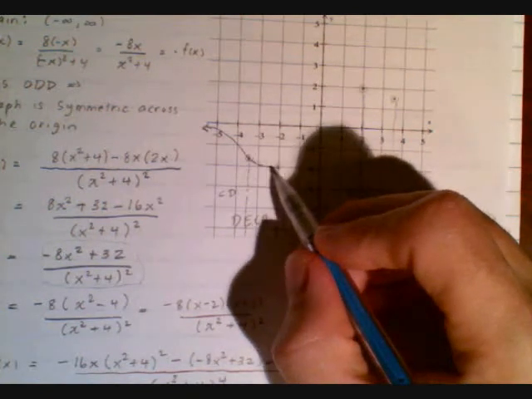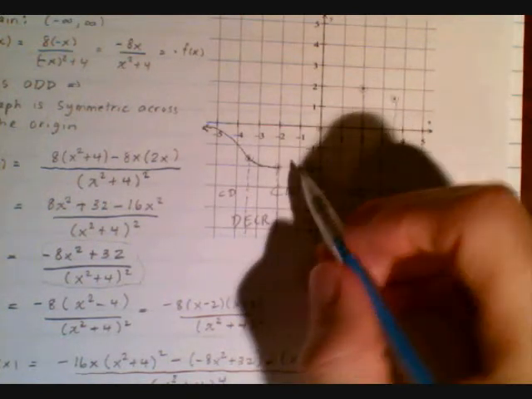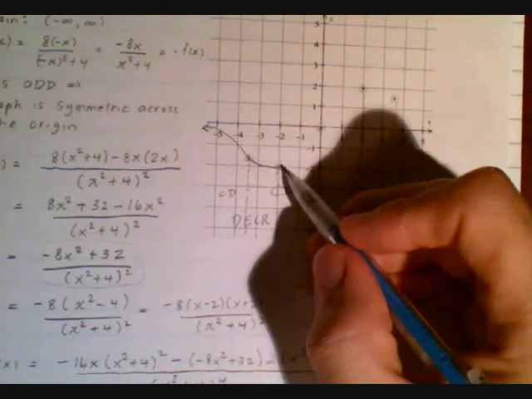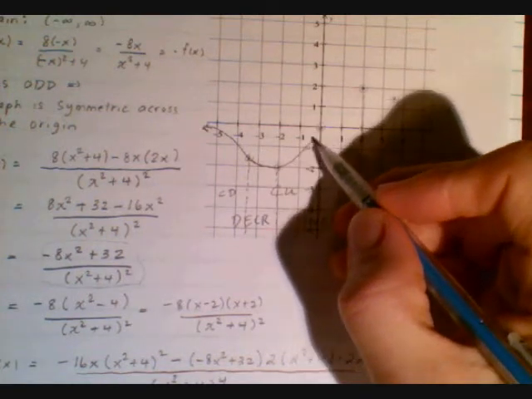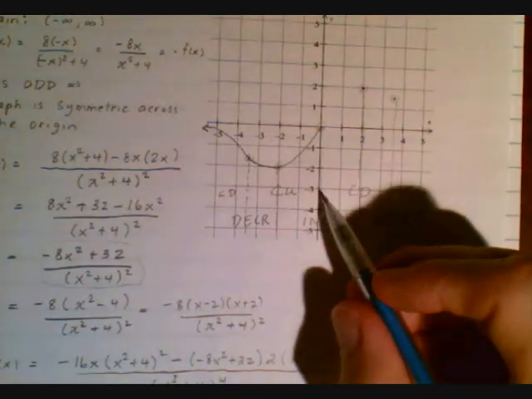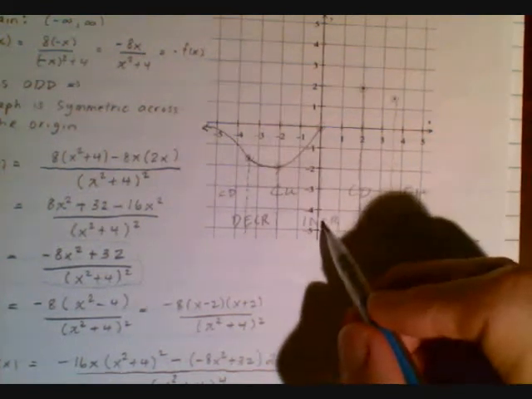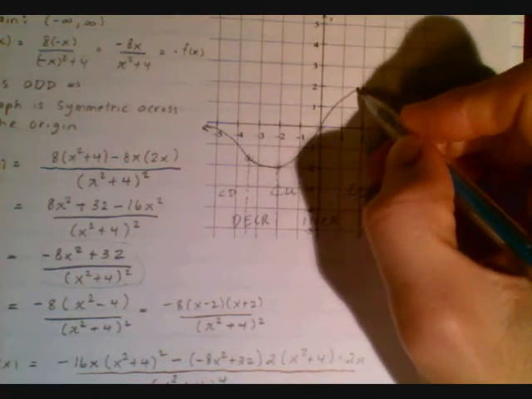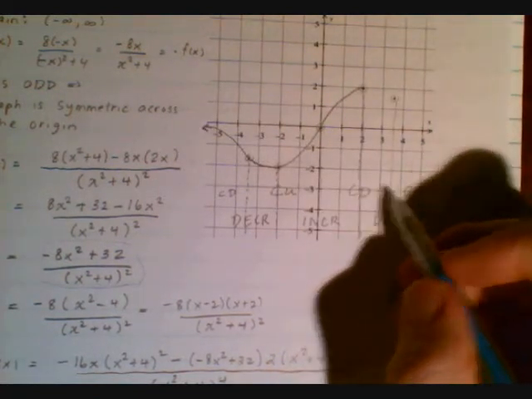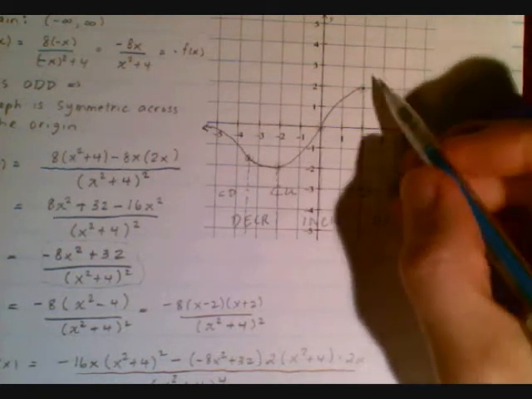Then from minus 2 to 0, it's concave up and increasing. From 0 to 2, it's concave down and increasing. From 2 to 2 square root of 3, it's concave down and decreasing.